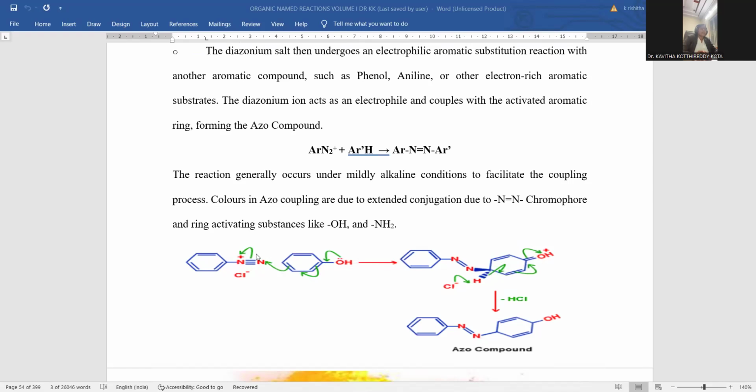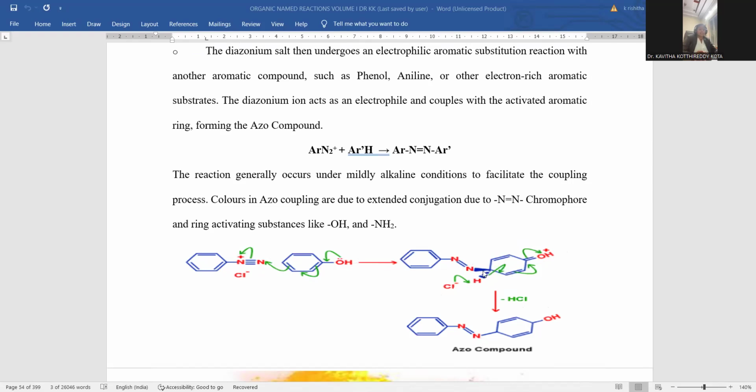Simultaneously, the existing pi bond moves towards the deficient quaternary nitrogen atom. This is the way a new azo linkage is noticed in between, and here an oxonium quinonoid form originated. Now let me go for the protonation.